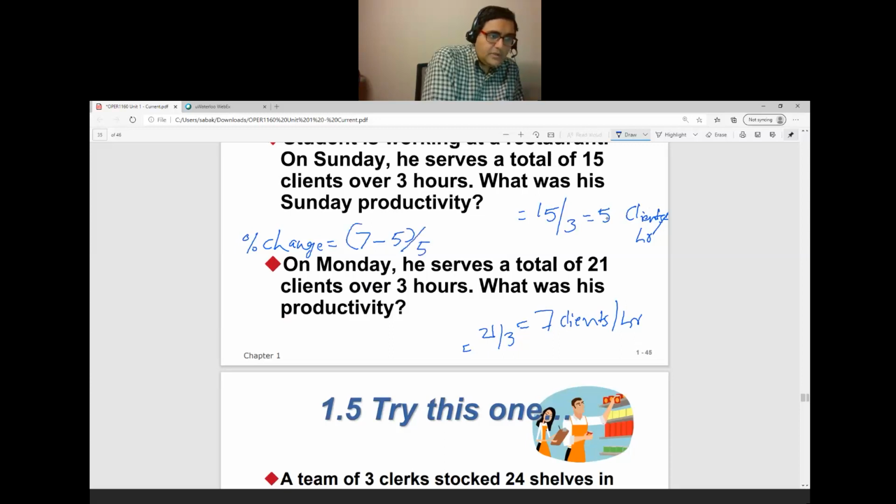So I'm not going to solve this question 1.5. You can try to do this one, but please understand. What's the difference? What's that percentage? The percentage change in productivity, which we are not solving here, I'll just try to solve that as well.